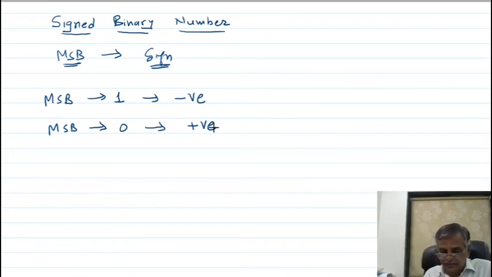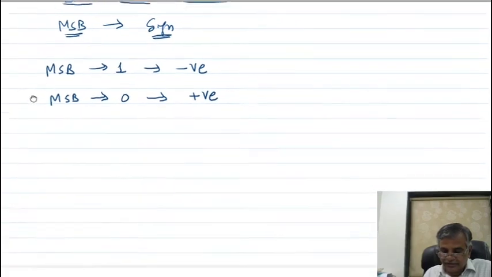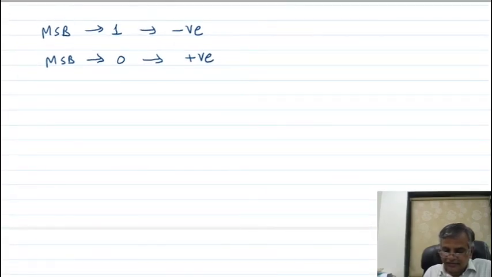Look here, you will get some idea. Suppose I am writing a signed binary number here, and here an unsigned binary number.